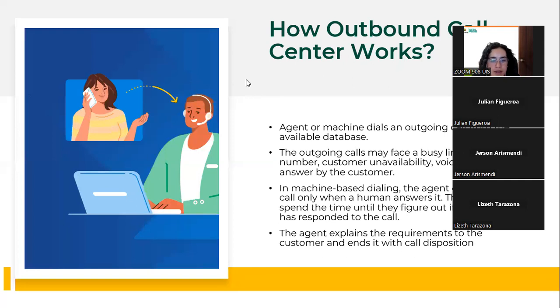Elkin, can you read how outbound call centers work? Okay, how outbound call centers work. First, an agent or machine dials an outgoing call from the available database. Sorry, we say dials. Dials. Okay?